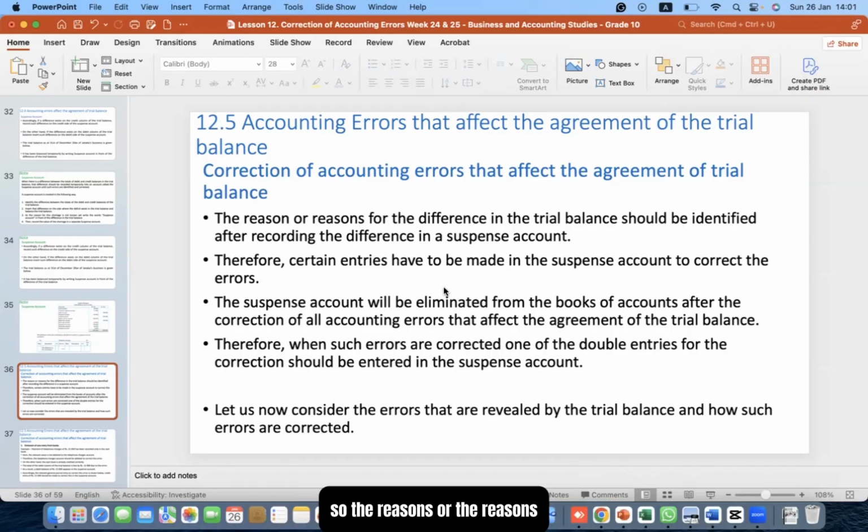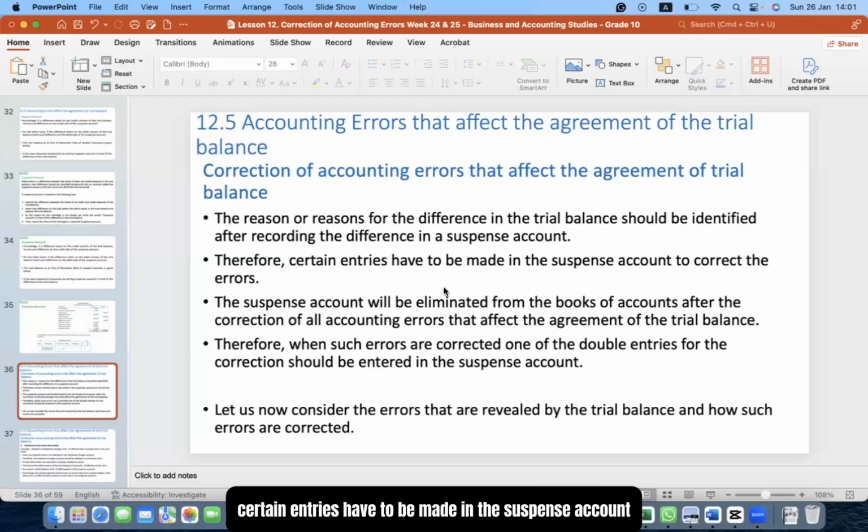Okay. So the reasons for the difference in the trial balance should be identified after recording the difference in the suspense account. So as we correctly identified, after creating the suspense account, we have to identify these differences. So therefore, certain entries have to be made in the suspense account to correct the errors.